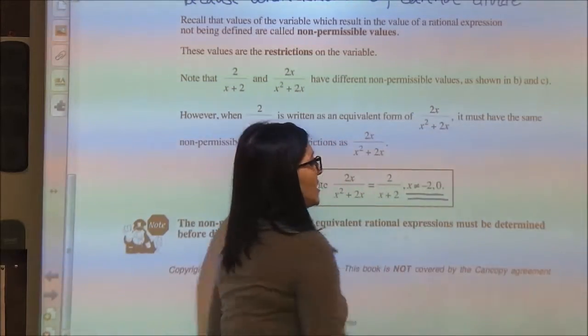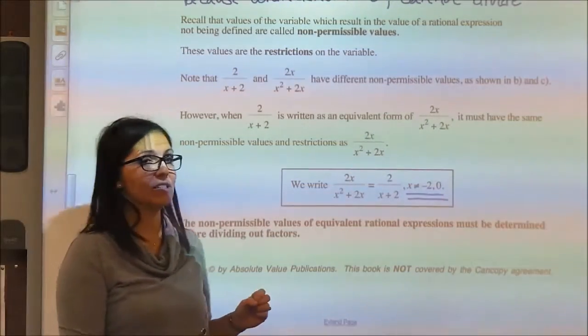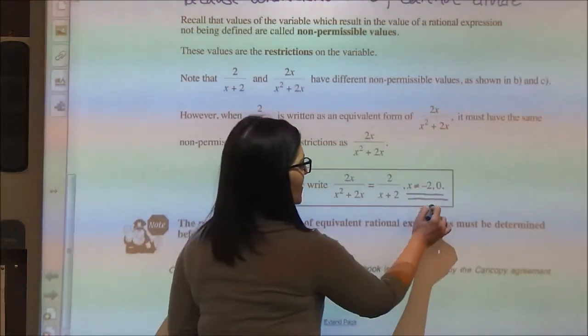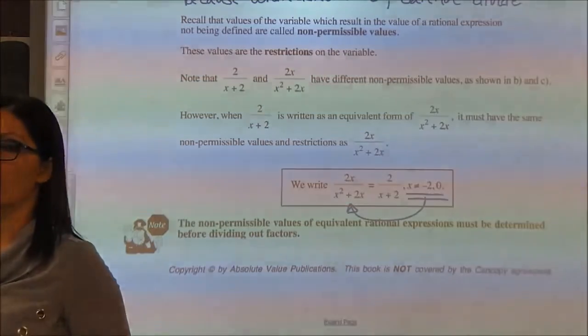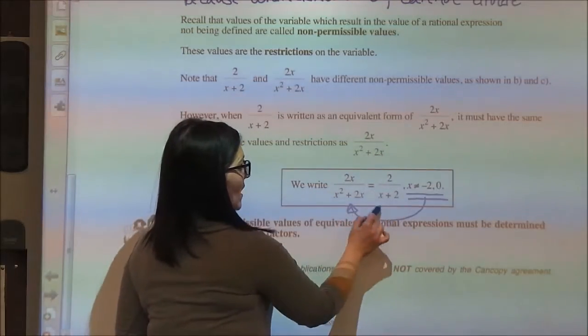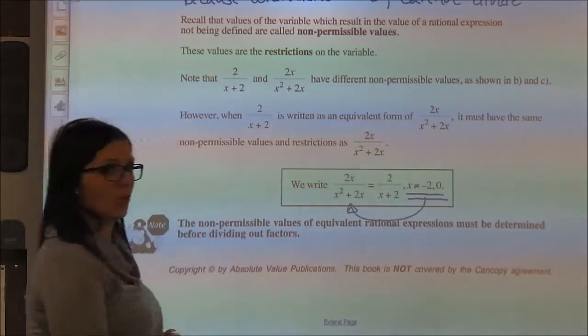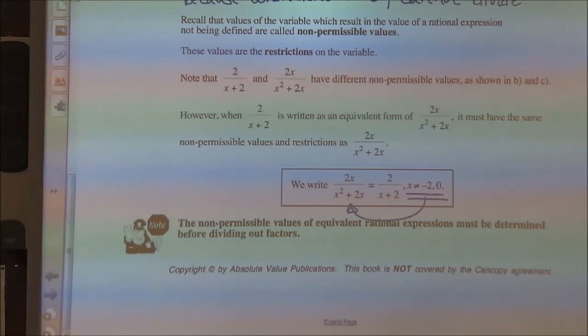The stipulation is that x cannot equal -2 and 0, because these values make the denominator equal to 0. I'm not worried about this one, I'm worried about the original one. So it's important that you look at your non-permissible values before you start your simplification process. And that's what this says right here.